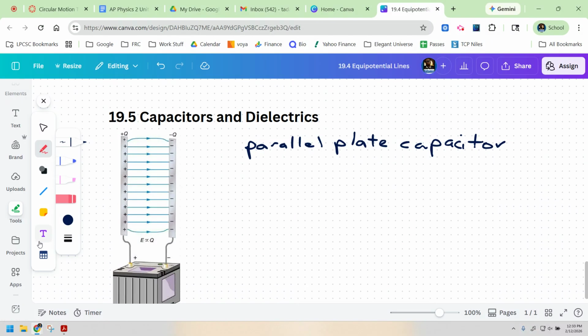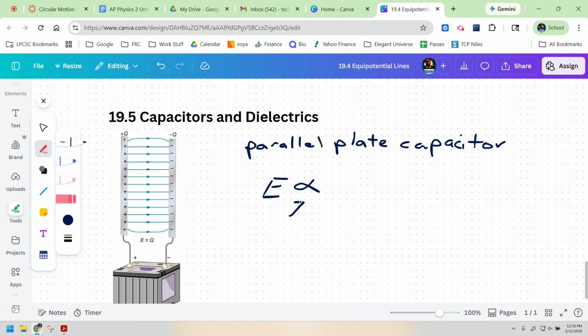And each electric field line starts from a positive charge and jumps across to the negative charge. On the ends we get a little wonky, but most of the time they're uniform and straight, except for the two on the ends, right? And the electric field is actually, and we're going to start to talk about this today, proportional.